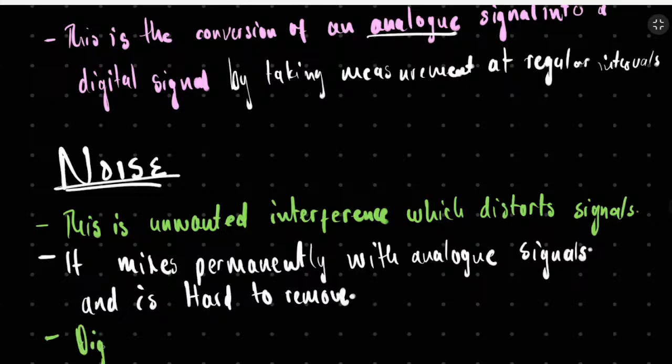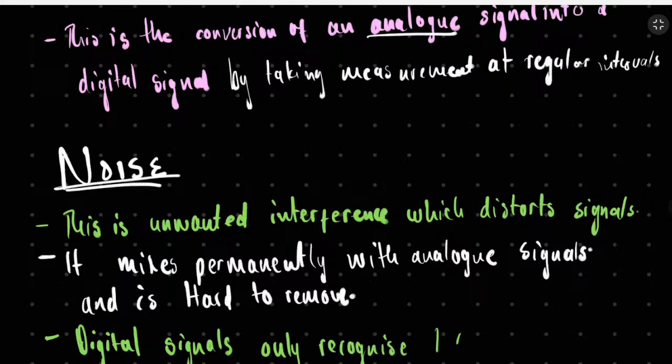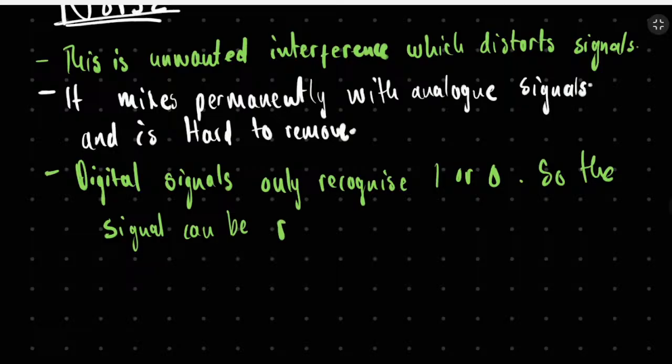Digital signals have an advantage because digital signals cannot read noise. They cannot. Digital signals only recognize 1 or 0. So the signal can be regenerated cleanly.